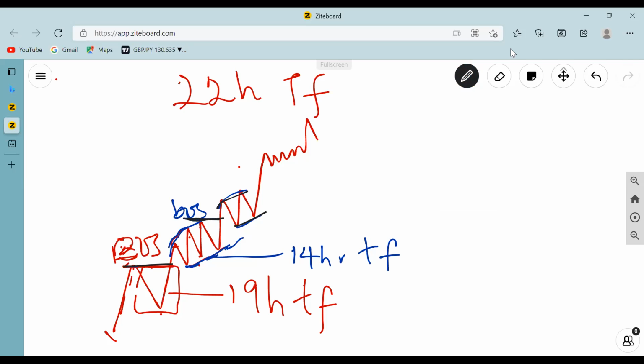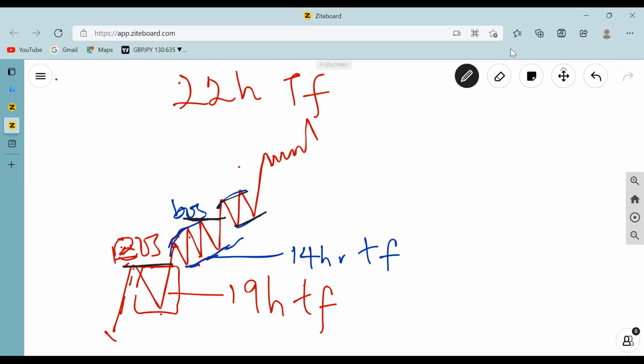This second BOS means 14-hour structure has been broken. That is, this BOS means 14-hour structure has broken to the upside.